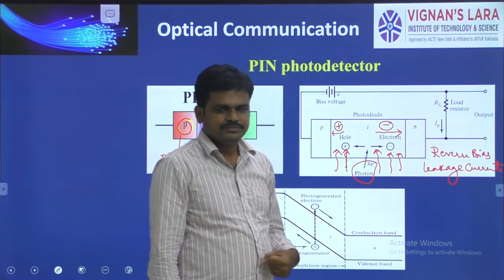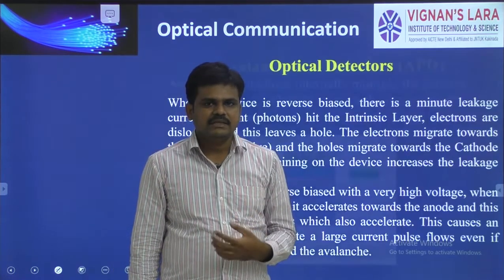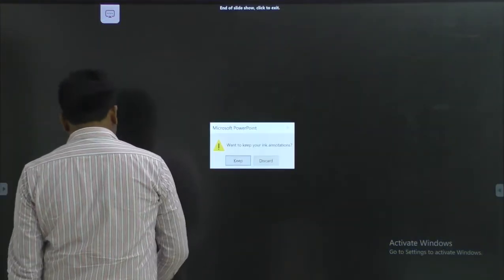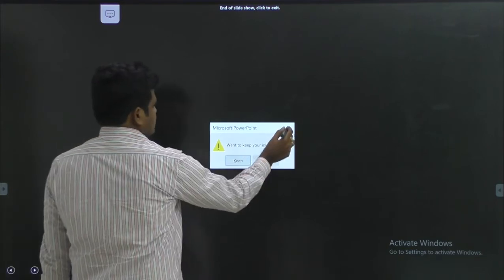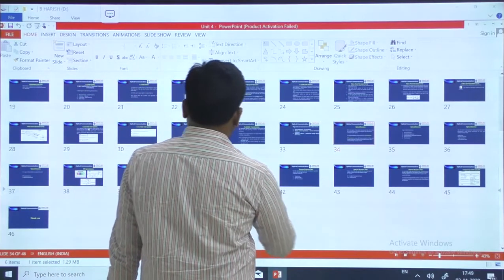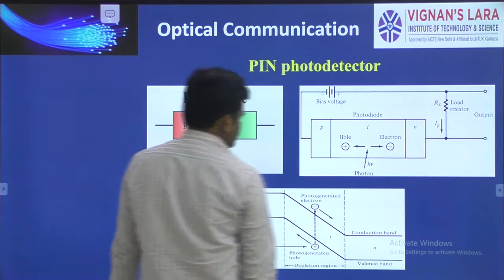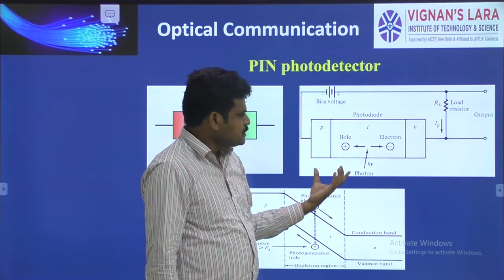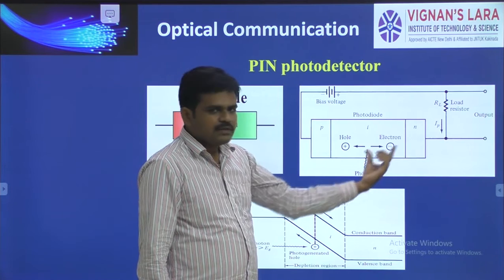That we already know, because in a PN junction diode, when it is reverse biased, a small amount of leakage current will be flowing.